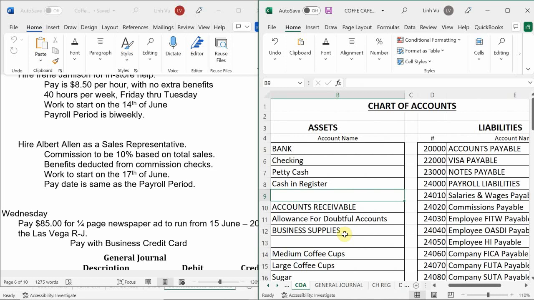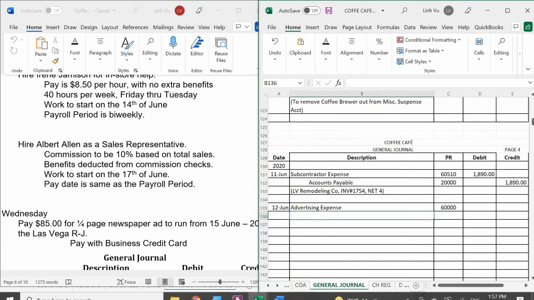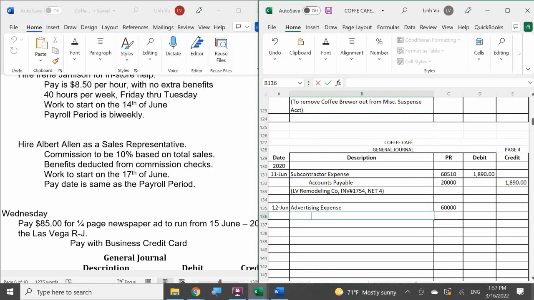That means we're going to borrow some money that the National Bank Visa credit card allowed us to have. So 22,000 is my Visa payable. And because I'm increasing my liabilities here, how much was the advertisement for? $85.